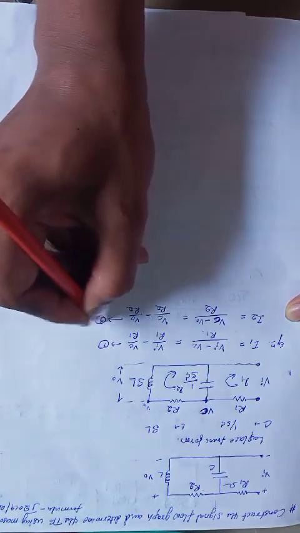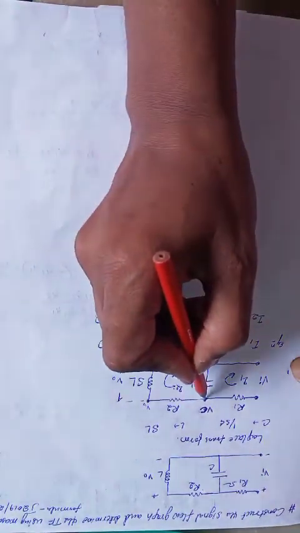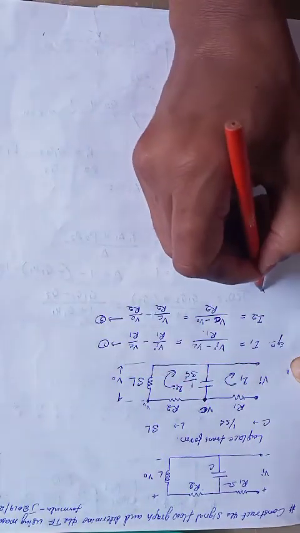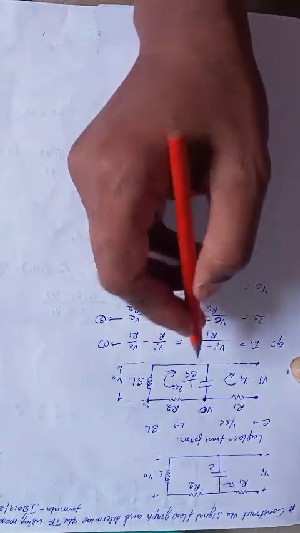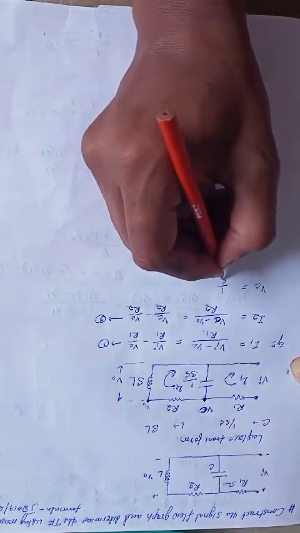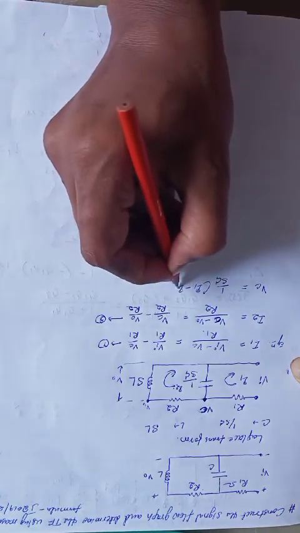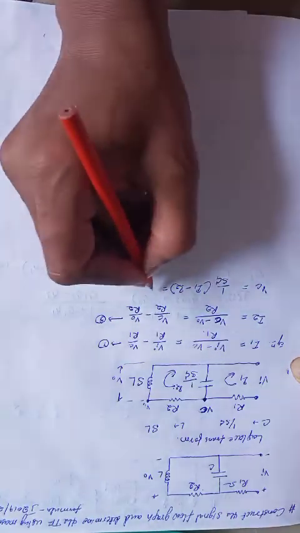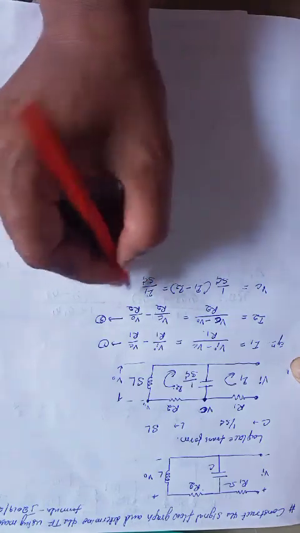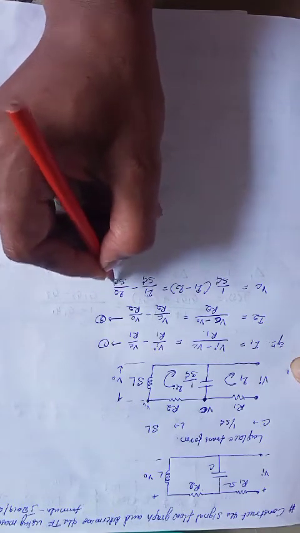This is my equation number 2. Now find the terminal Vc. Vc equals 1 upon SC into (I1 minus I2), that equals I1 divided by S into C minus I2 divided by S into C.